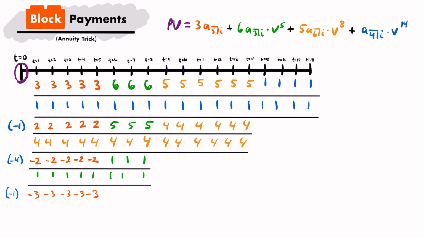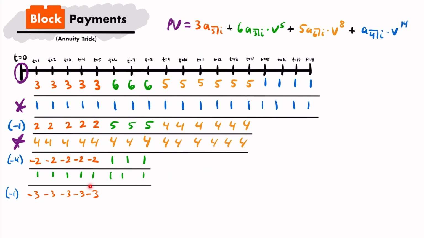Okay, but what we now have are 4 different sets of level payments where they are level for the entire stream of payments. And here's where they are. We have the first one here where we have 18 payments of $1. Then we have the next one here where we have 14 payments of $4.